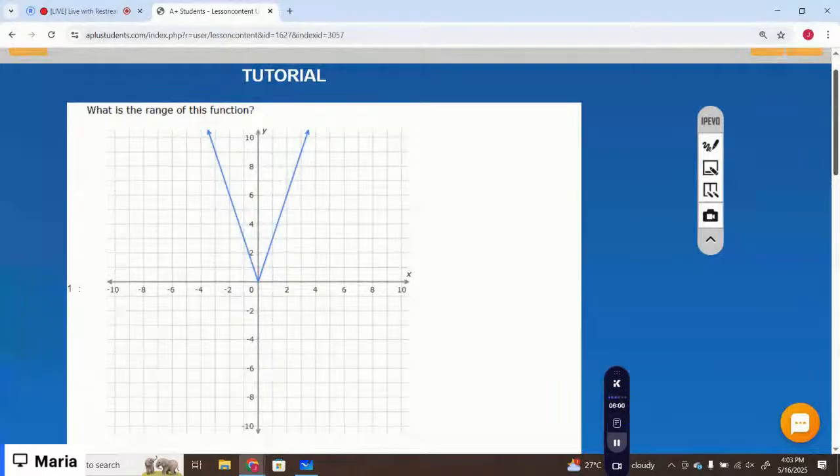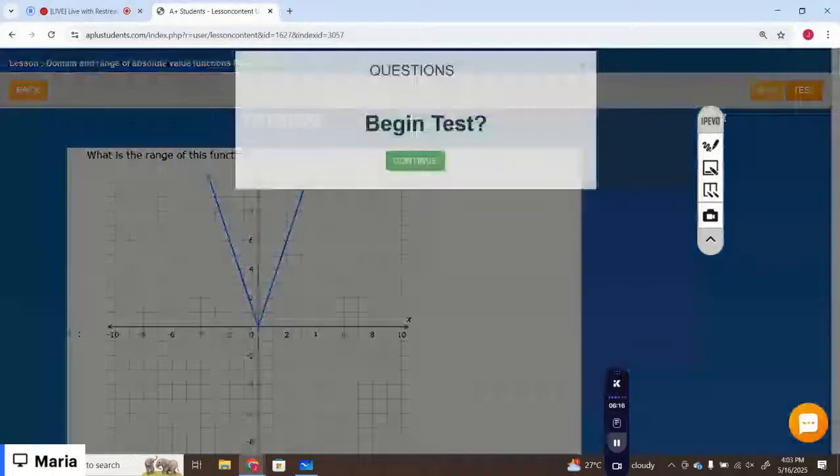Domain is the x values and range is the y values. Let's just start with the test questions.